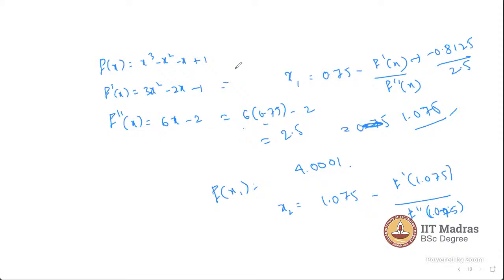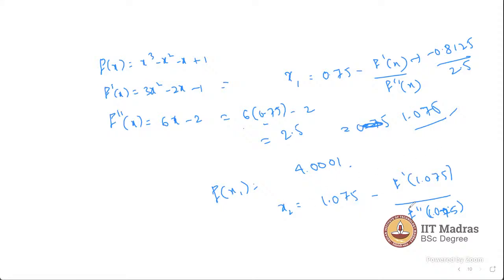This is going to be 1.075 cube into 3 minus 2 into 1.075. So this is going to be 0.5768.